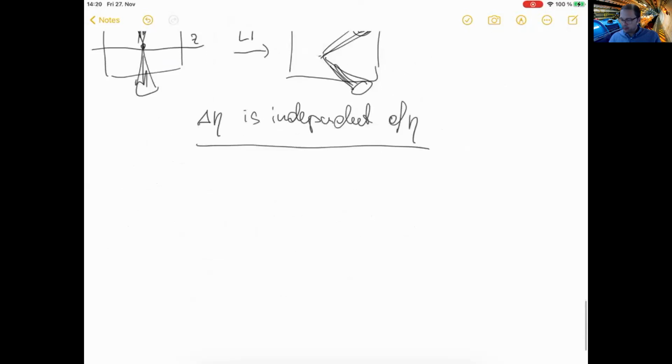Why is it important? Because with, for example, proton-proton collisions, I have a proton going in this direction, I have a proton going in this direction. Let's assume something interesting happens. I don't know what it is, but it is the collision of two gluons.